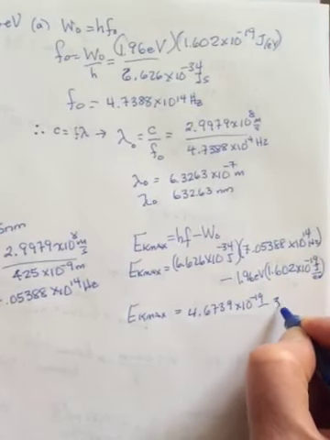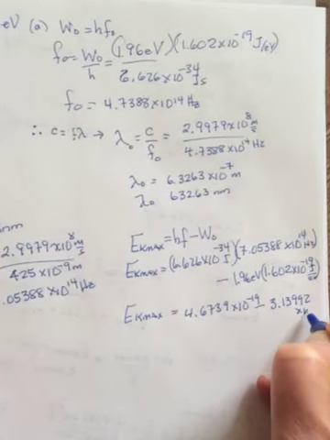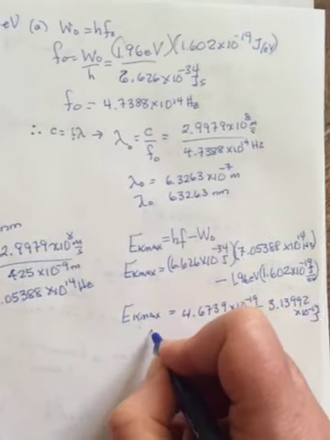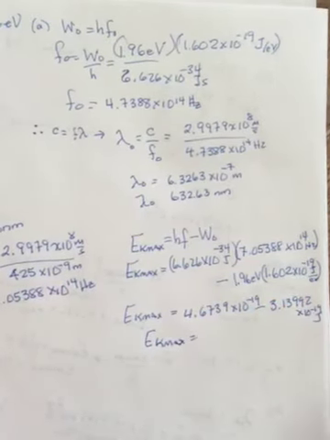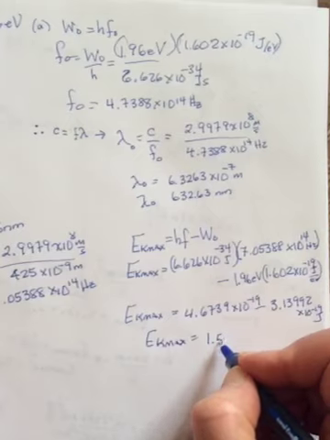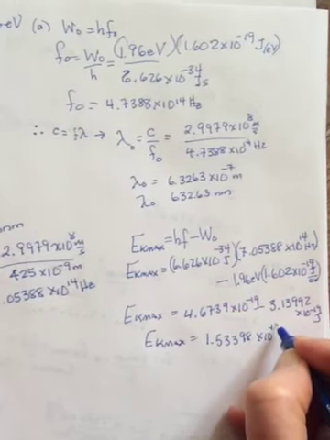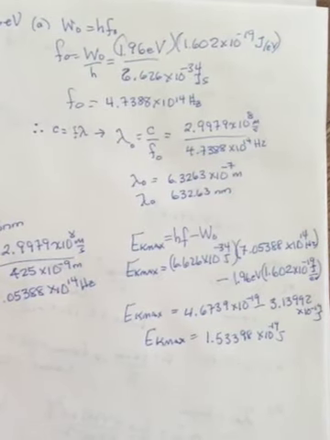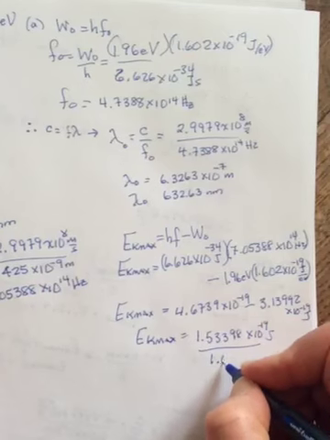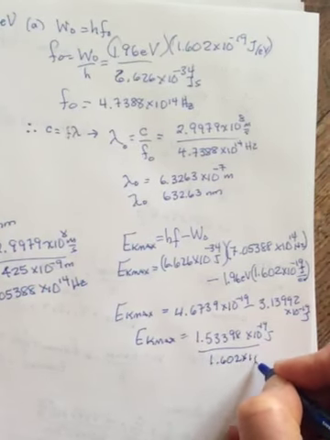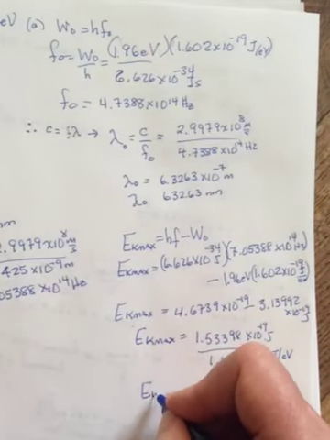Second term is 3.13992 times 10 to the negative 19 joules, and you get an EK max of 1.53398 times 10 to the negative 19 joules. The question wants to know in electron volts, so divide that by 1.602 times 10 to the negative 19 joules per electron volt.